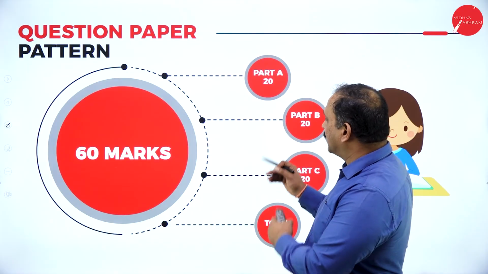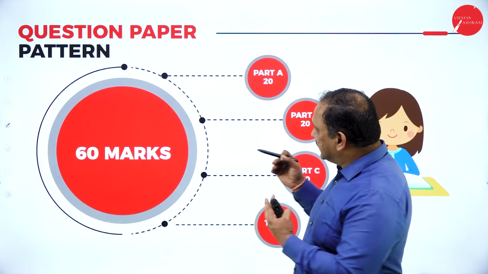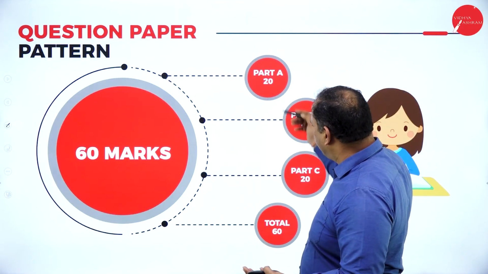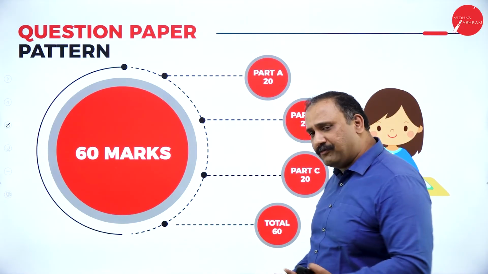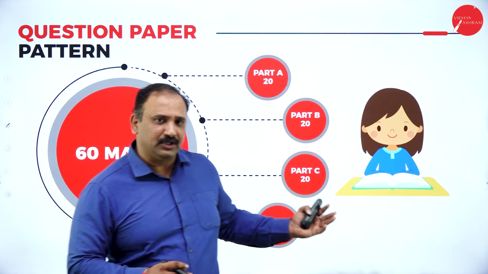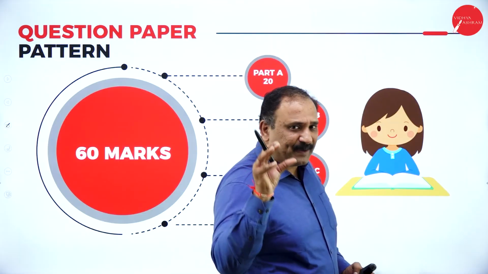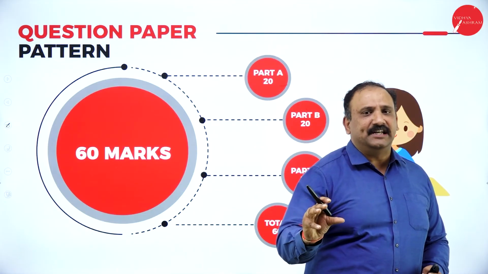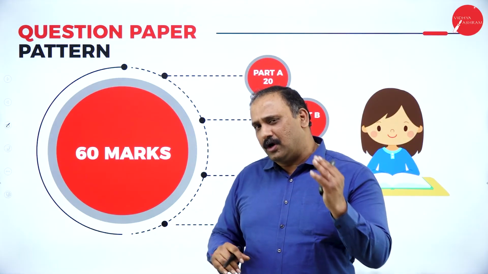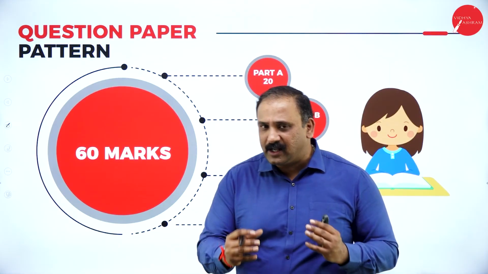Moving further, we are going to talk about the external question paper. It's going to be a 60 marks paper, and you're going to see that parts A, B and C are uniformly divided. We have 20-20-20 coming up, making the total 60. Nevertheless, this paper is quite easy for all of us. Why? Because the paper is going to concentrate on certain straight-lined questions.